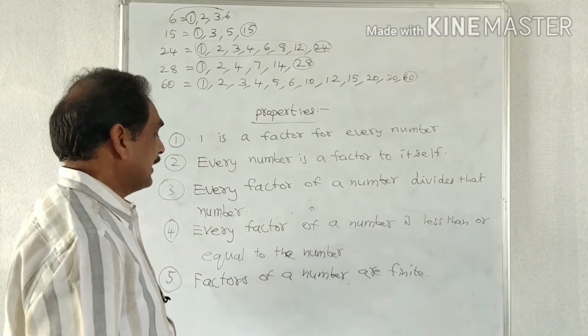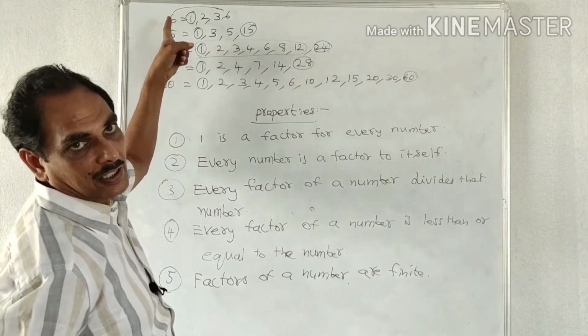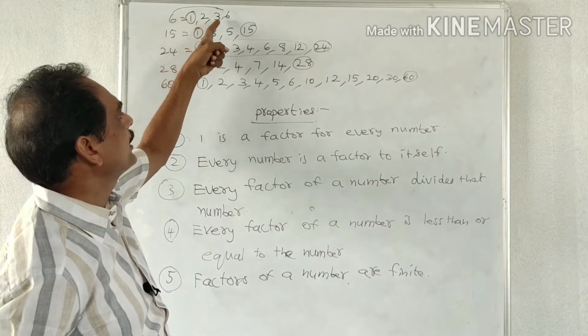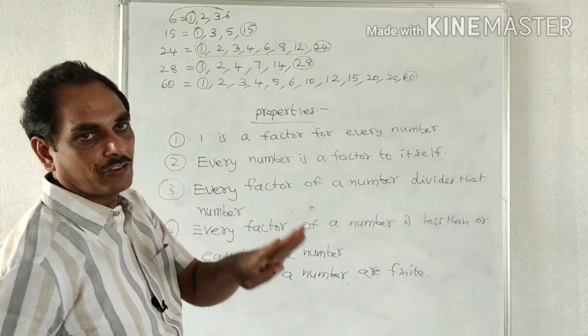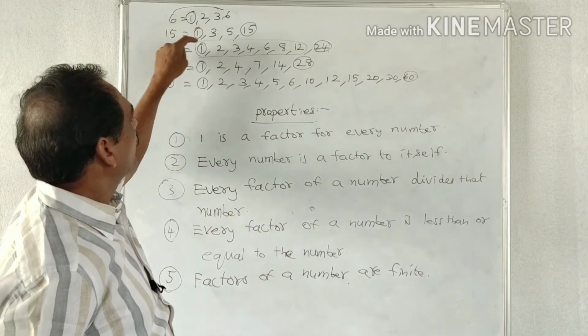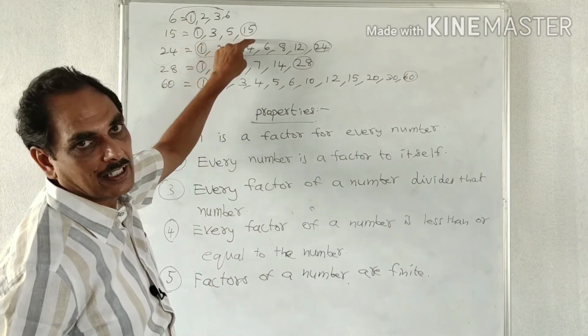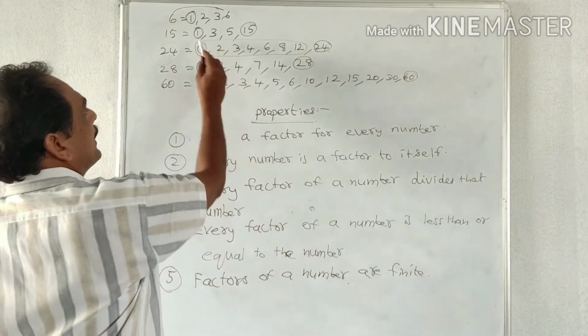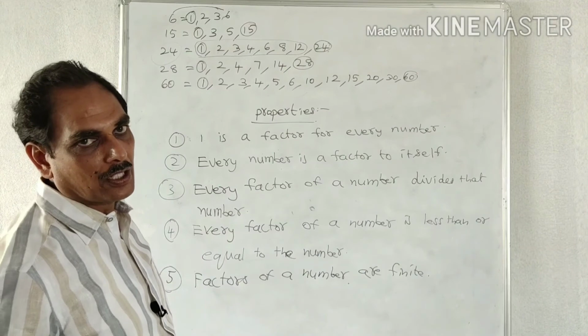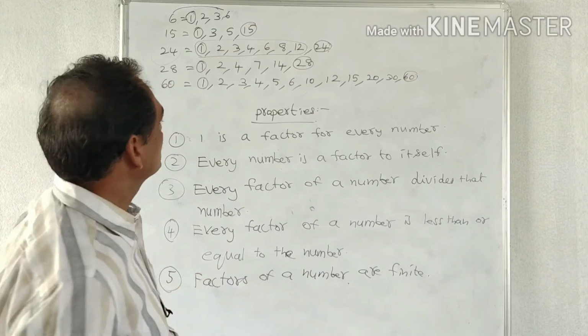So for the number of factors of 6, we count them: 1, 2, 3, 4. So there are 4 factors for 6. Similarly, for 15, 1, 3, 5, 15 are the factors. We count them as 1, 2, 3, 4. So the number of factors for 15 is 4.